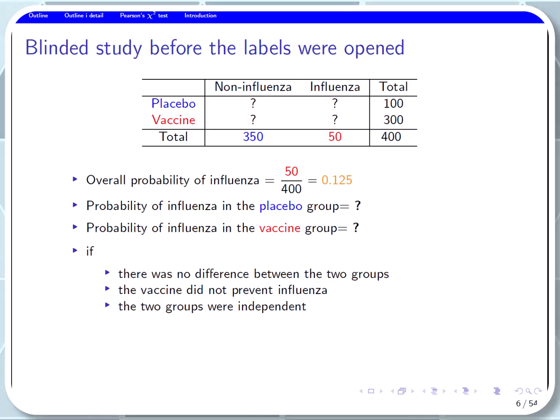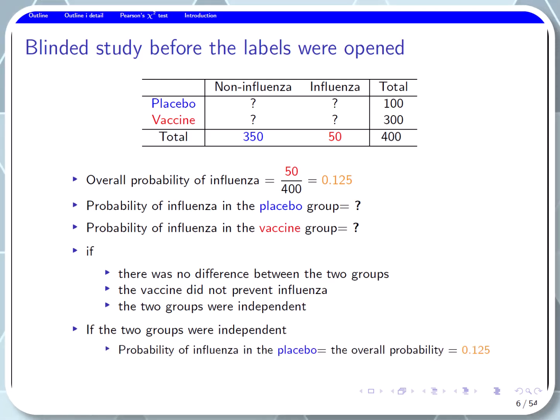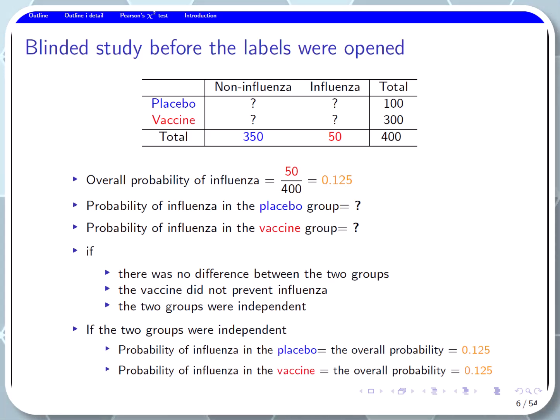Most often, we will use the third one. Let's continue. If the two groups were independent, the probability of influenza in the placebo group is equal to the overall probability, 0.125. The probability of influenza in the vaccine group is equal to the overall probability, 0.125.